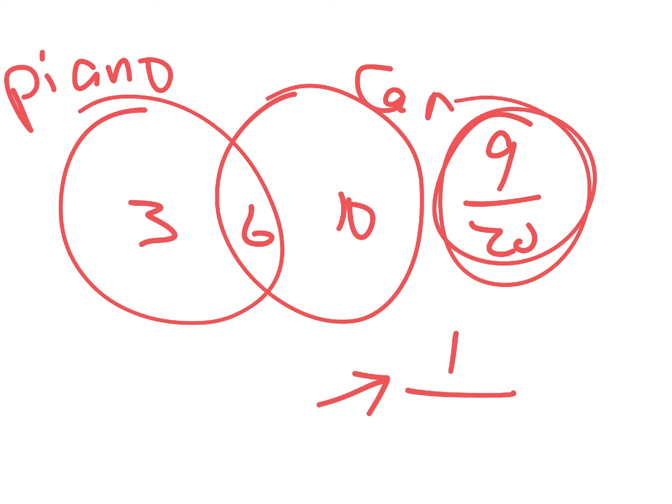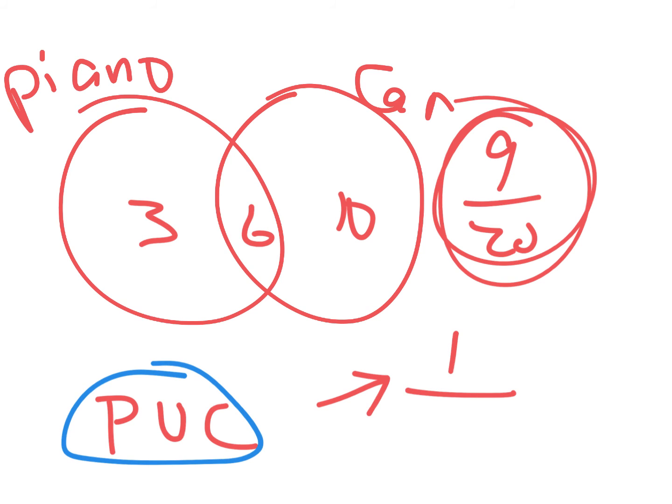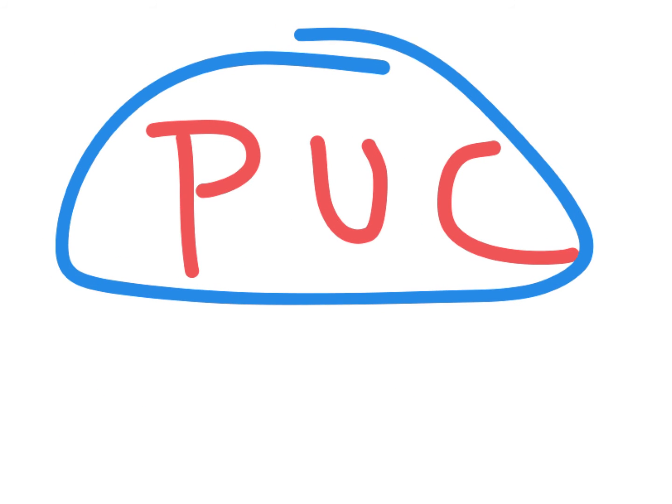Okay. How about if I said piano, union, car, like puck? Do you know what that means? Piano, union, car. Do you feel like that should be a big answer or a small answer? Do you feel like it should be and or? Which symbol was this? Is this the union or the intersect?